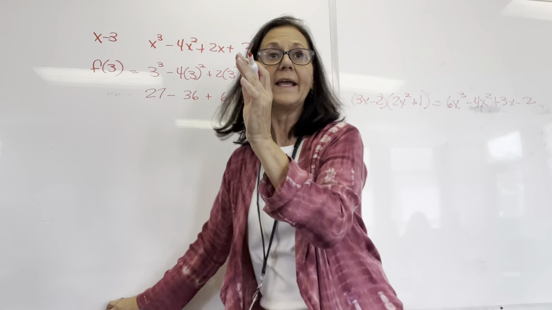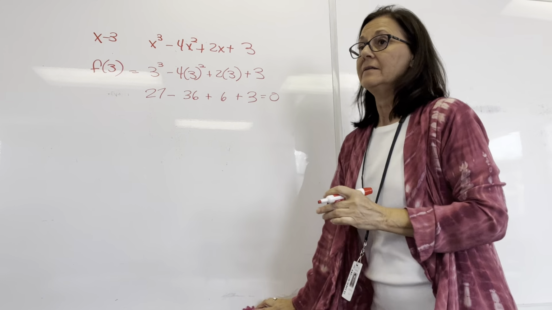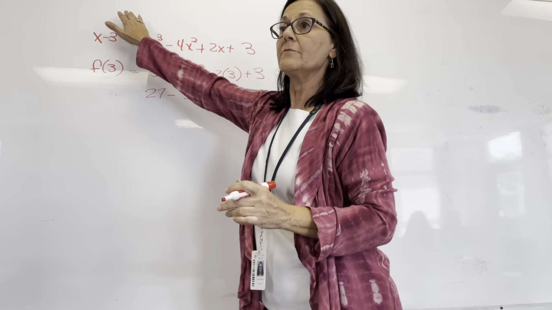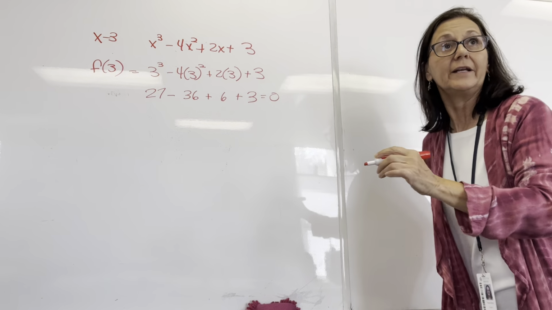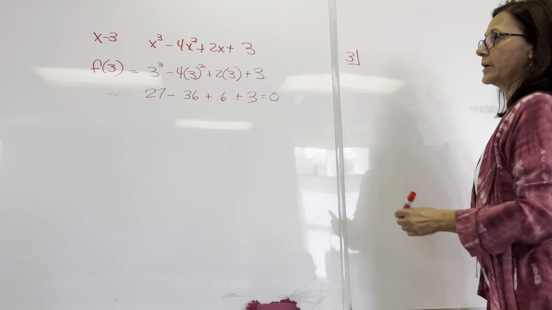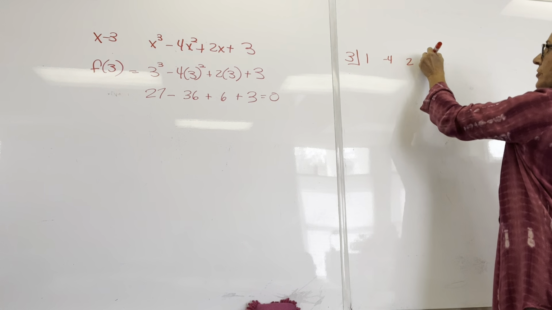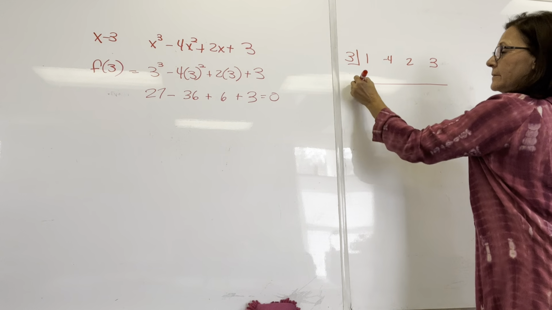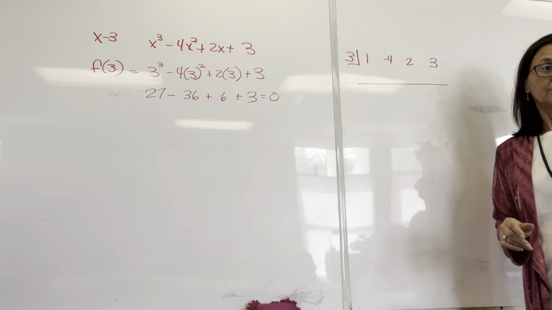Okay, watch what I can do. I can figure out what x minus 3 times what equals that by doing synthetic division. So if I do synthetic division, it's 1, negative 4, 2, 3. I know I'm rushing. I'm trying to get through the lesson.